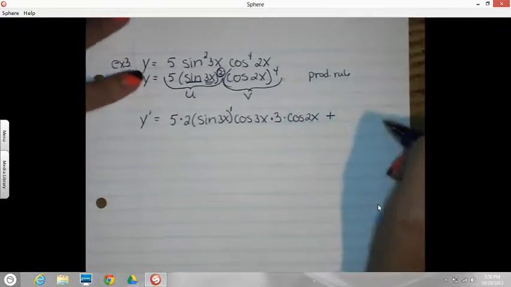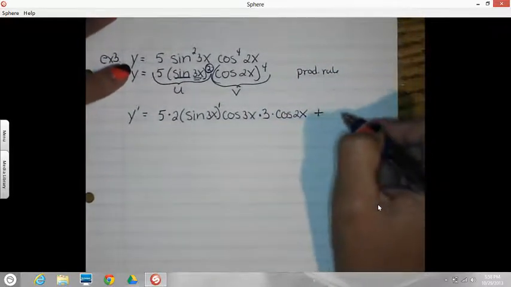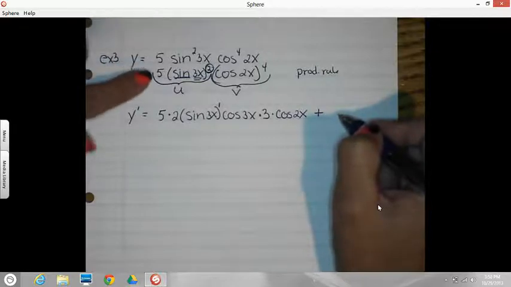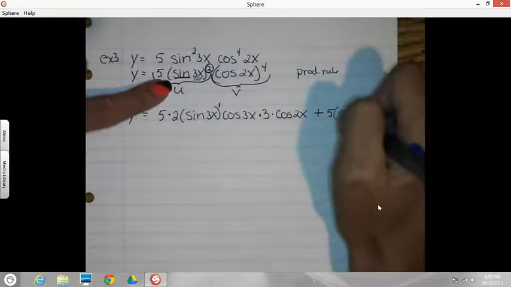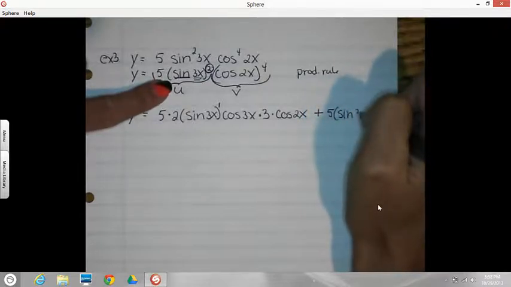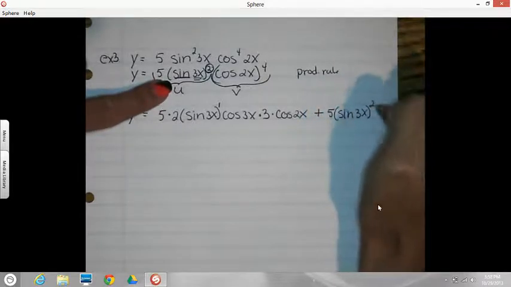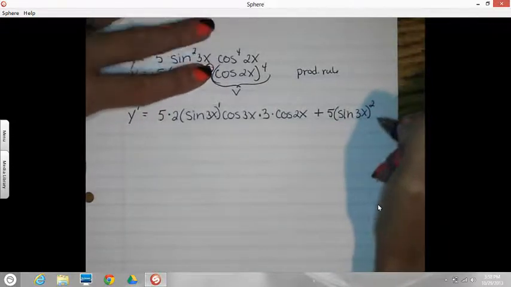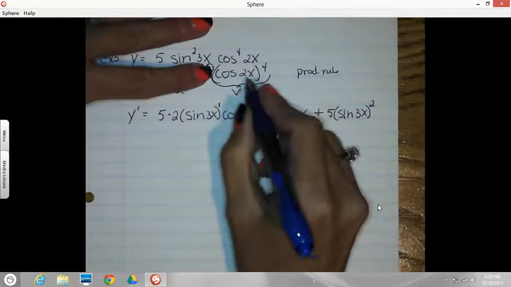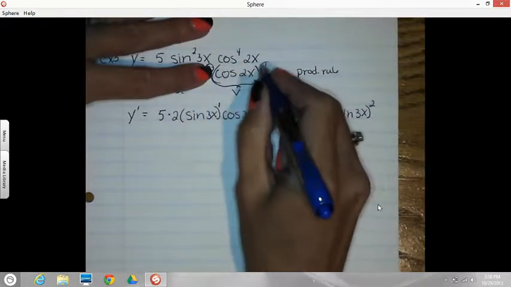Plus, I'm on the second part of the product rule, where I need to keep the first term the same. That's 5 sine 3x squared. And then I need the derivative of the second term, which is this cosine to the 4th. So I start on the outside.